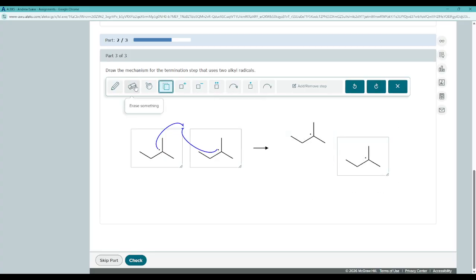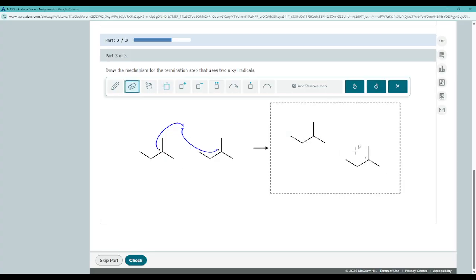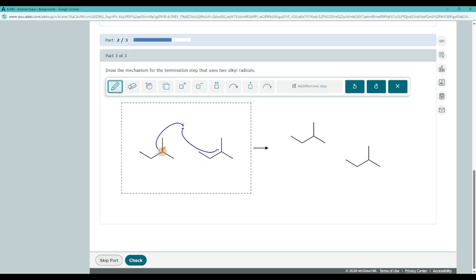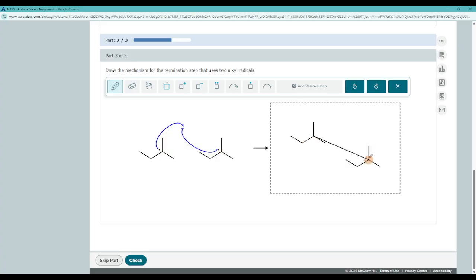Now I'm going to delete my radicals. And what has happened? I have made a bond between this atom and this atom. So I just have to draw this ridiculous looking bond. Now I'm going to pretty it up so you can see it better, but this is what it looks like.